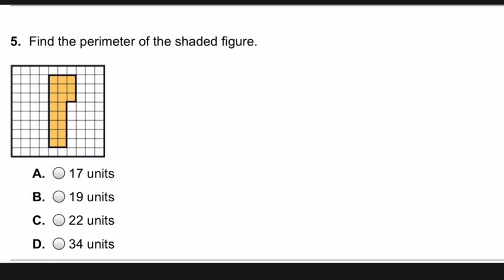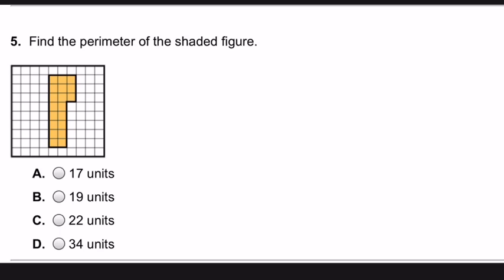Now, let's find the perimeter of the shaded figure, but this time in units. We will not be adding all the sides, we will be counting the square units around this figure because the perimeter is the distance around the figure. So we will be counting the squares around the figure.